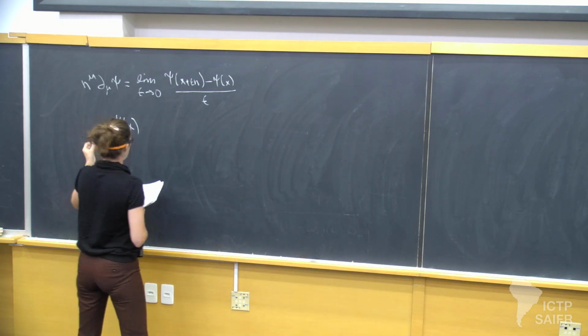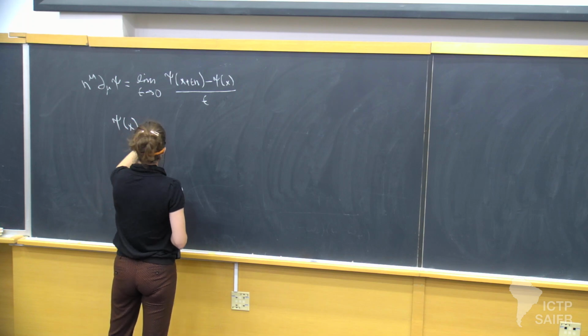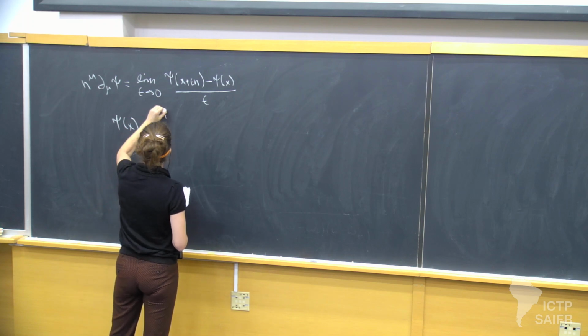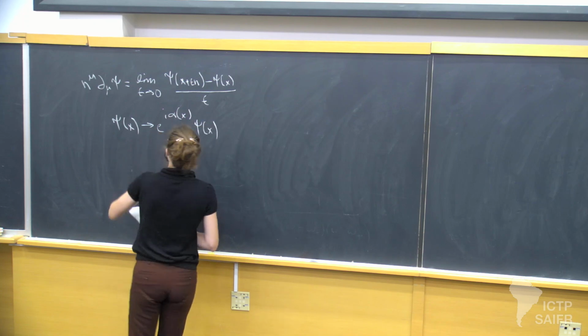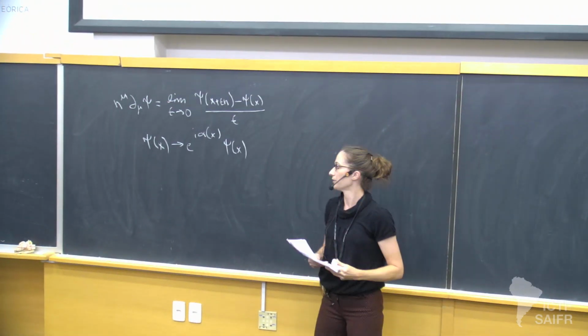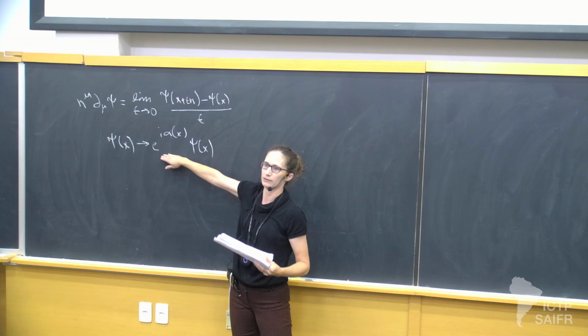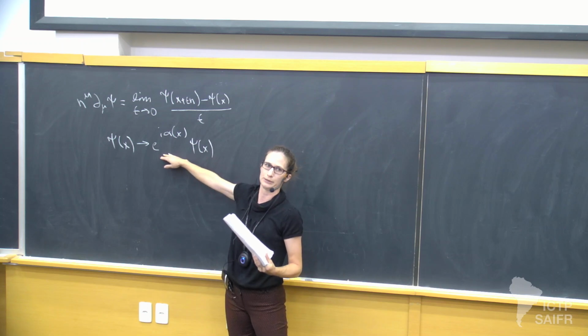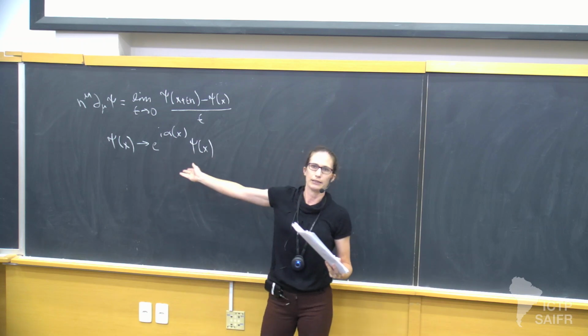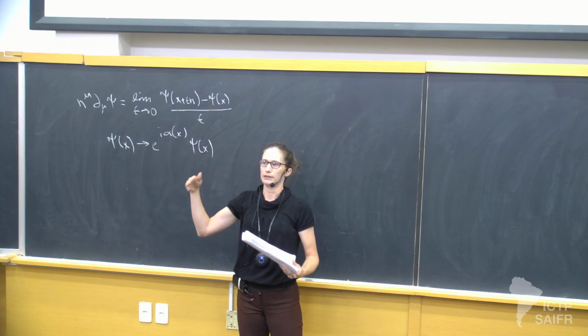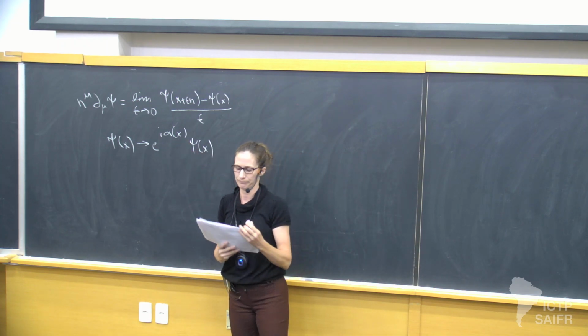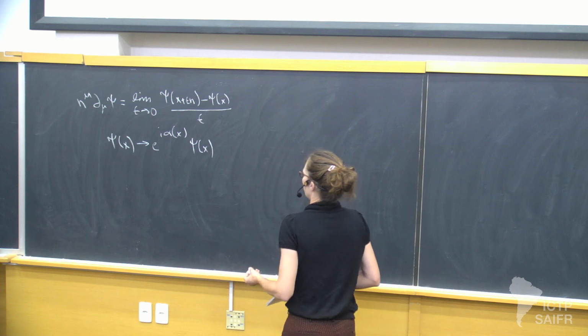So if I have a field and we want something that transforms with, I'm just going to do U1 to start with. So this is just a phase transformation. But I want that phase transformation to be dependent on where it is in space-time. All right.